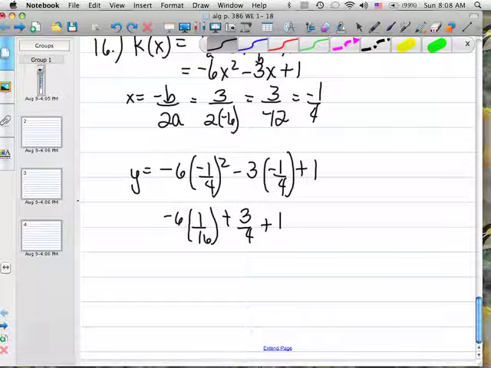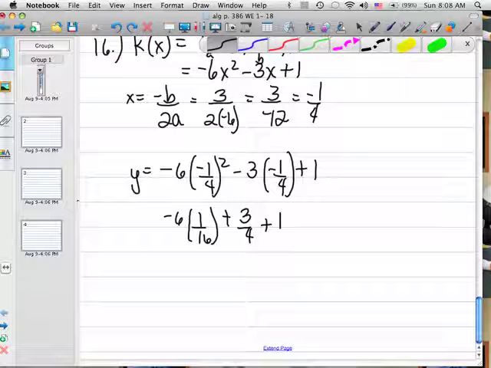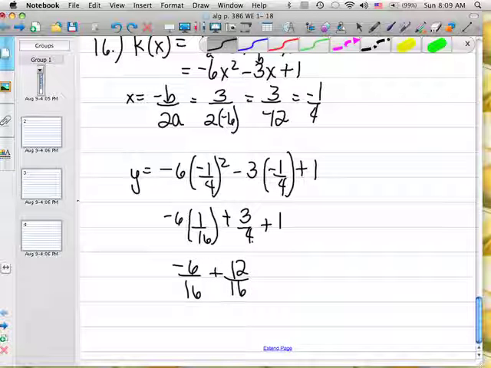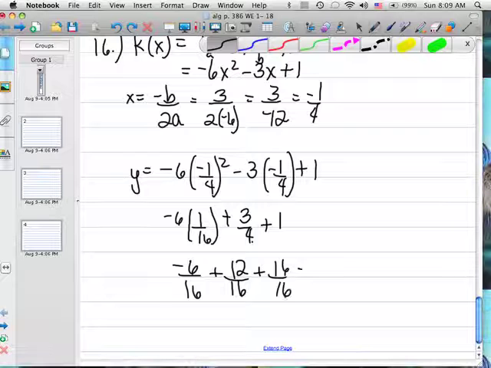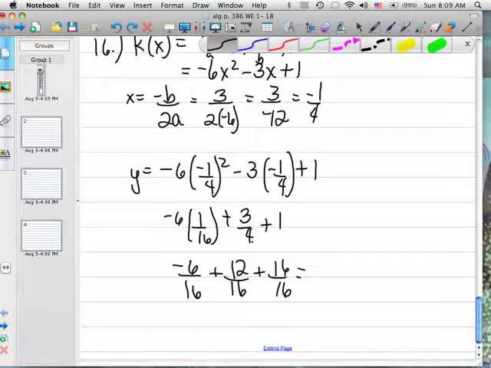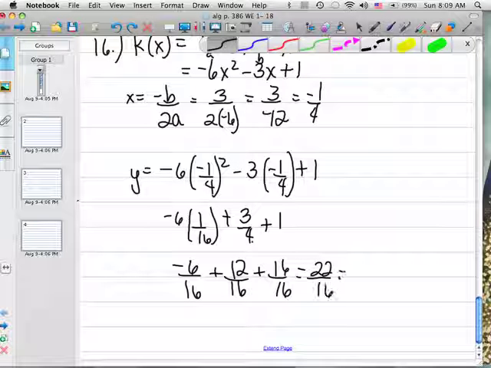So if we change everything into, well, we could go with 16ths. Negative 6/16 plus 12/16, plus 16/16. So negative 6 plus 12 gives me 6/16, plus the 16 there, I get 22/16, which is, simplifying, 11/8.